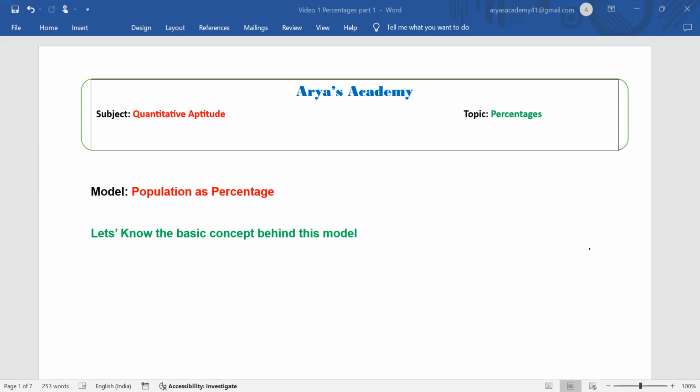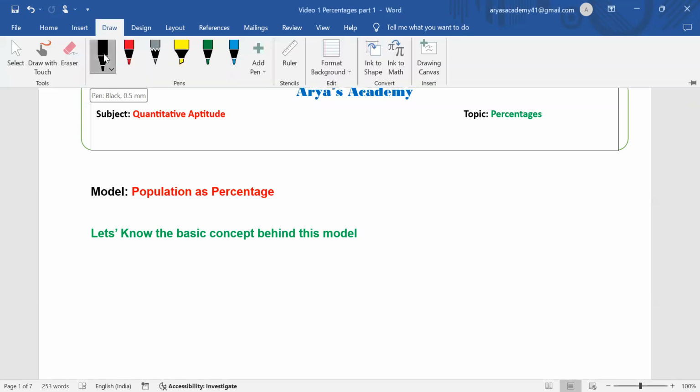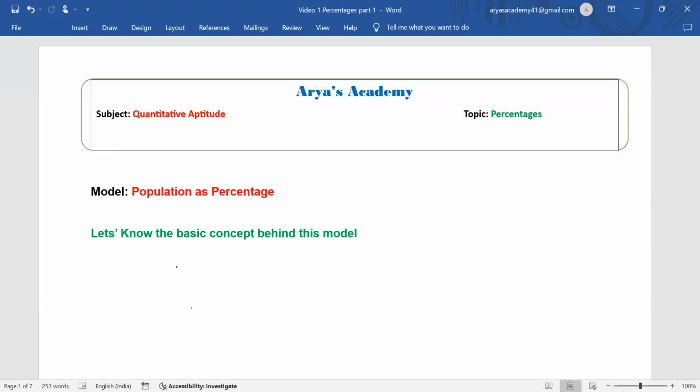Generally, in such questions, they'll give you some total population, maybe 4,000, 5,000, 10,000, 2 lakh or 10 lakh, etc. Our basic understanding should always be that, whether it is a village, a town, or a city, the total population of an entity will always be 100% in terms of percentage.